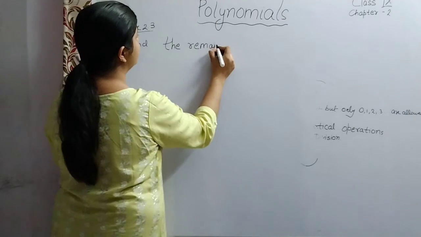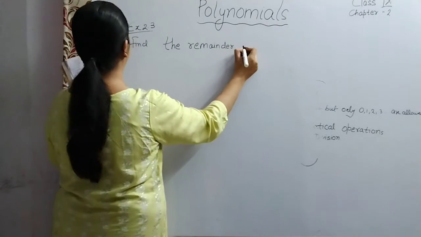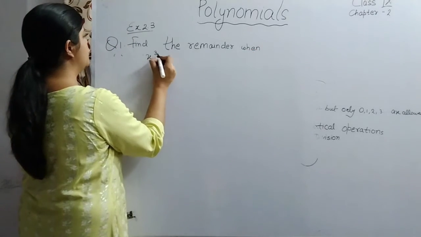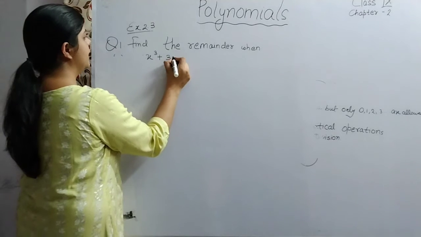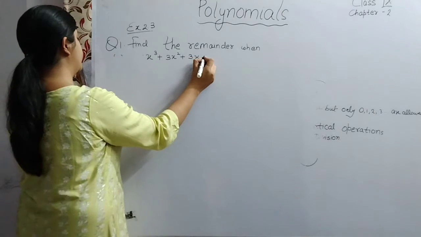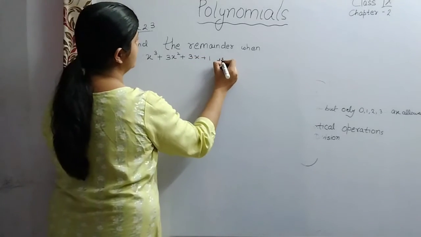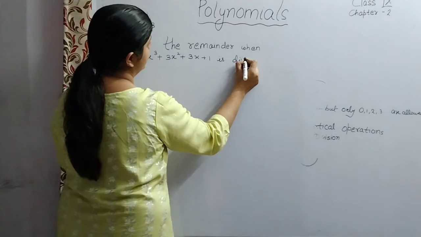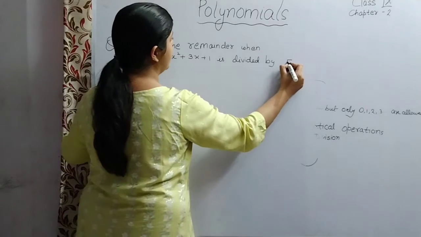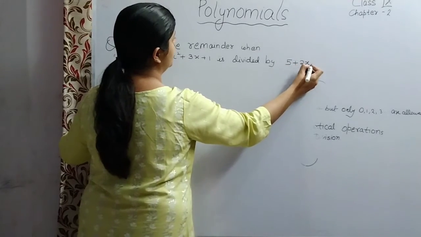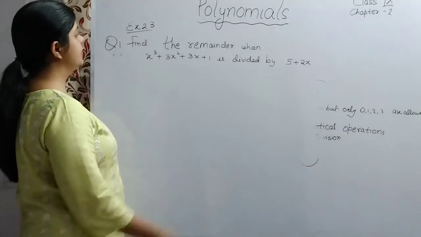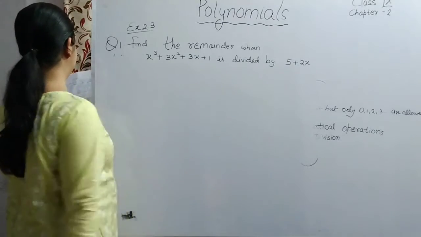Find the remainder when x cube plus 3x square plus 3x plus 1 is divided by 5 plus 2x. The question is to find the remainder when this equation is divided by this.